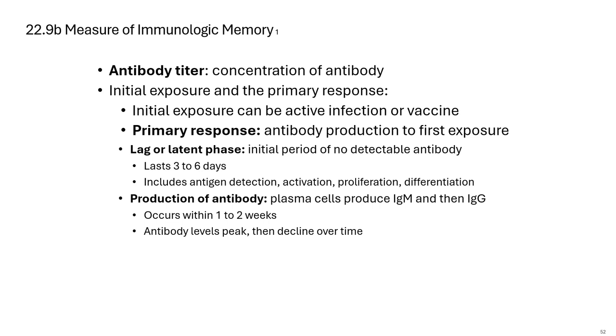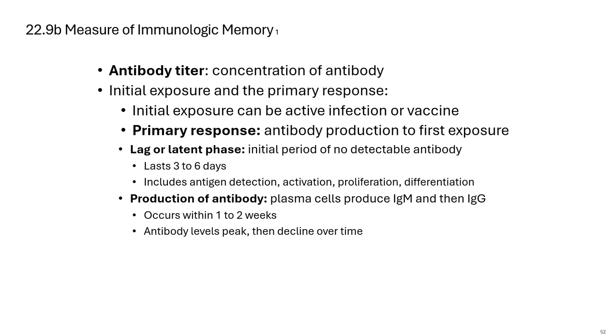So in the event that you have this initial response, this primary response, in which you are initially exposed to an antigen, you produce antibodies, and you go through these latent and lag phases where it's several days with no antibody detection, and then the antibodies begin to be produced, so IgM, IgG. Those antibodies have the same specificity as the original antibody that bound a particular antigen on the surface of a B cell.